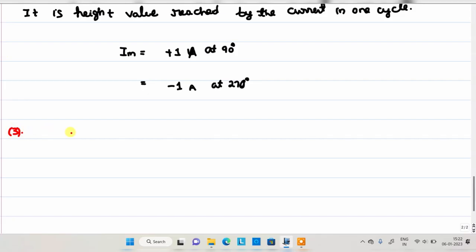Third one is the peak to peak value. Just understand the concept, that is enough.